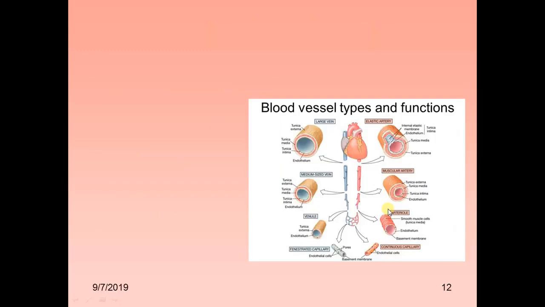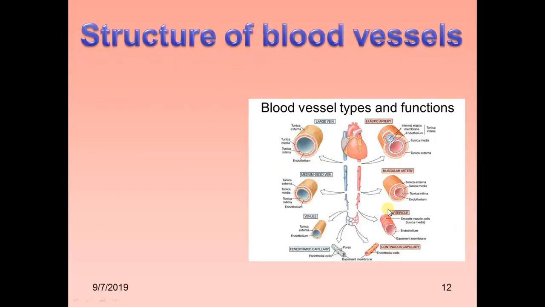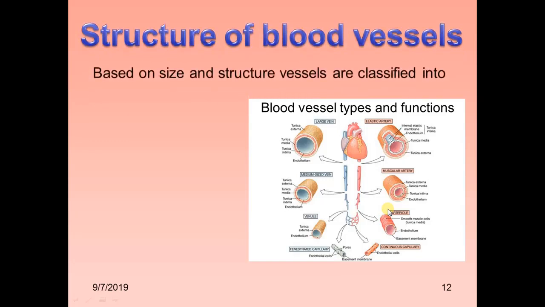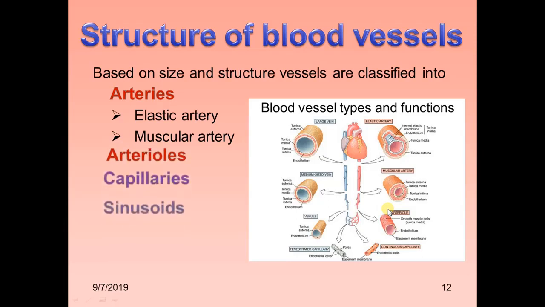So next we are directly going to the types of blood vessels based on their structure and size. They can be classified into arteries. Two types you come across in the arteries based on their size: elastic arteries, which are very large arteries, and then muscular arteries, then smaller arterioles, then we have capillaries and sinusoids.